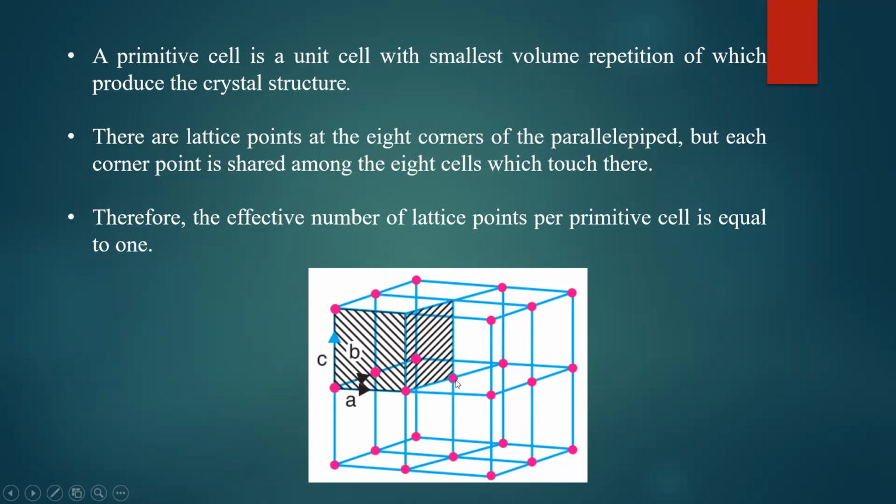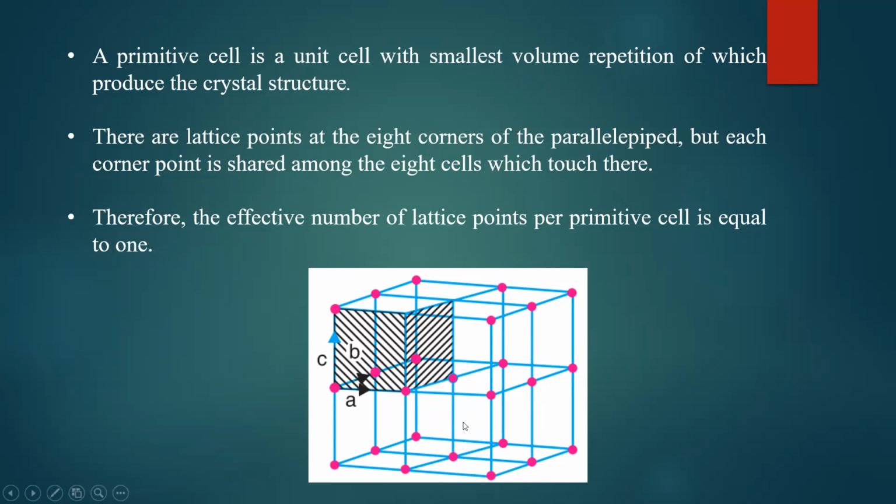You look at this one. One lattice point is shared by 8 unit cells. So for each unit cell, this lattice point gives you 1 by 8th share. That's why each and every lattice point will give 1 by 8th share to each primitive cell.